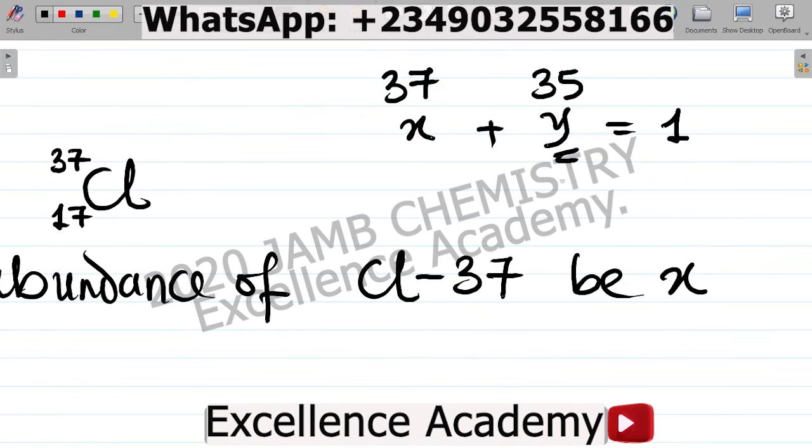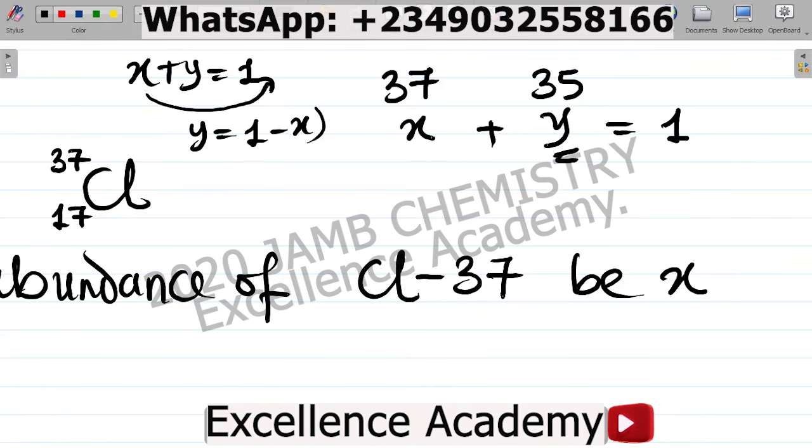Let's express y in terms of x. If x plus y is equal to 1, to get y, I'll move x over here. So y will be equal to 1 minus x. So in essence, if the relative abundance of chlorine 37 is x, that of 35 becomes 1 minus x, which is y.